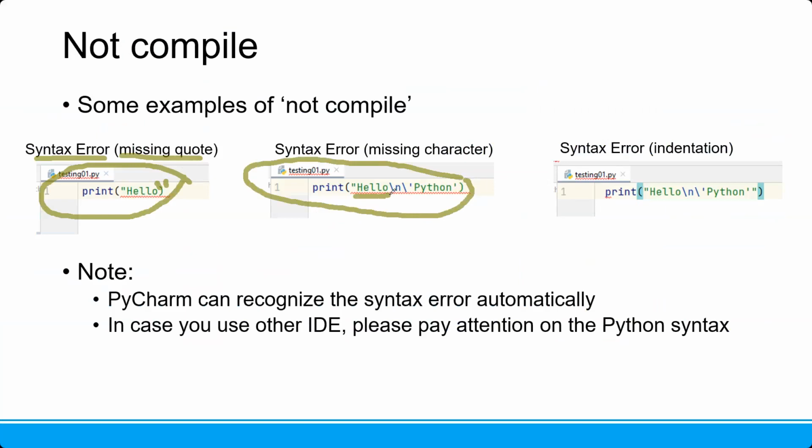We have hello, we have backslash n, so it means we are going to print into the next line. Okay, we have backslash single quote. Is it okay? It is okay. Okay, we have single quote.